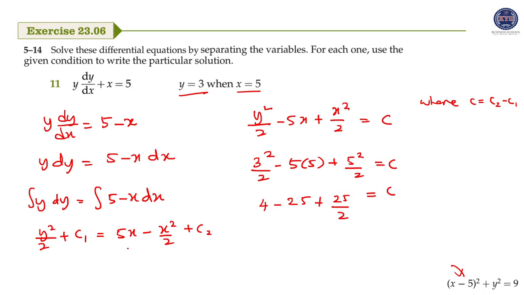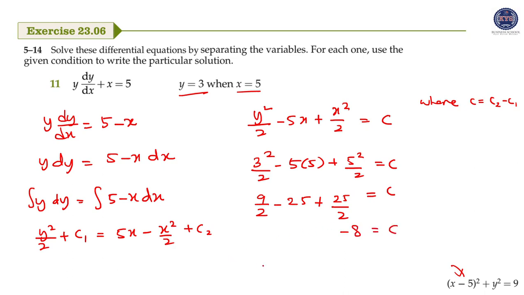Oh, this is not right. This is 9 actually. This is wrong. This is 9 over 2. So 9 over 2 minus 25 plus 25 over 2. Therefore, c equals negative 8.